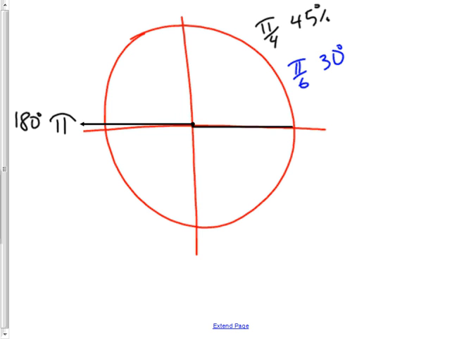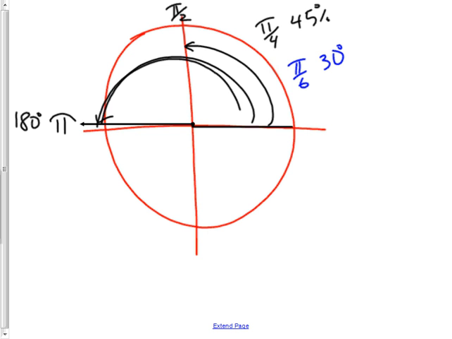If 180 is pi radians, that means 3.14 radians, then if the whole way is 1 pi, do you get that halfway would be half of a pi? Pi over 2. Does that make sense? If all the way is 1 pi, then halfway is half of a pi. And this is 1/4 of the way, so it's 1/4 of a pi.